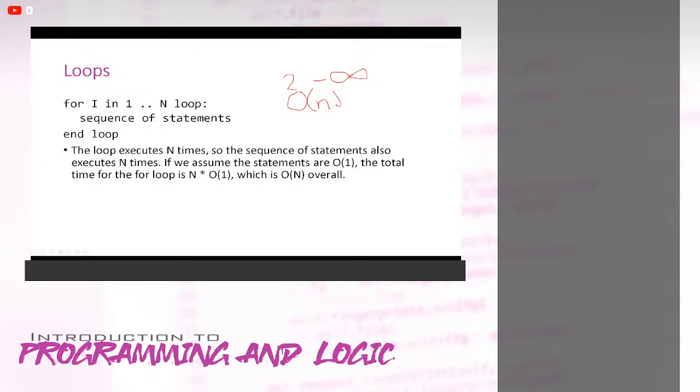And that is if the most complex statement inside of the loop is just constant time, O of 1 rather. If everything inside of the loop is O of 1, then it's just going to be O of n.